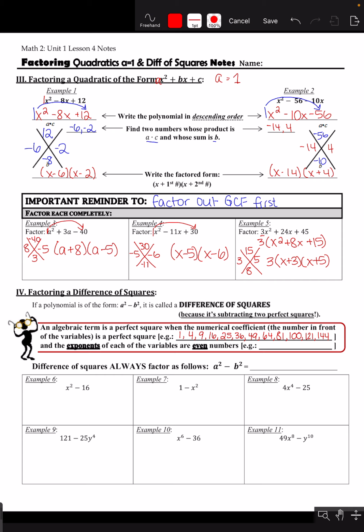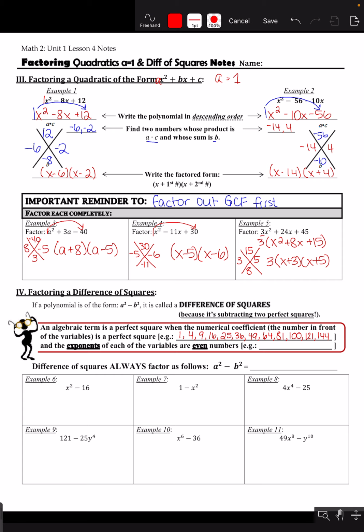And so you could keep going, but typically the ones I give you will just be up to 12 squared. 13 squared is 169, 14 squared is 196, but you can always use your calculator and check. You can check by taking the square root of whatever number you're given, and if it gives you a whole number, you know it's a perfect square.